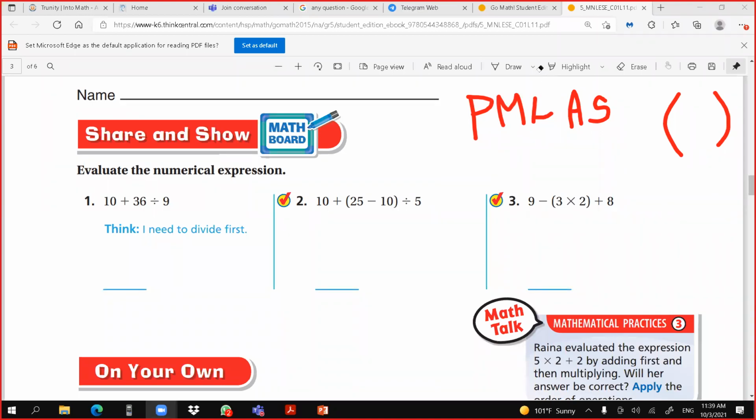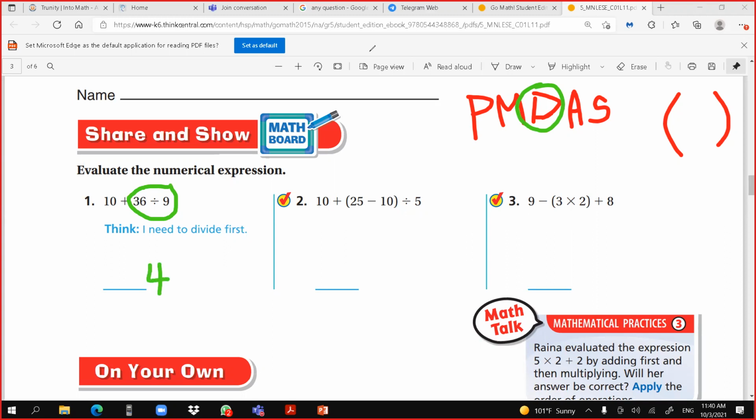Is there any division now? Yes, where's the division here? So 36 divided by 9. Because the division has a higher priority than the addition, you will start now with the division. 36 divided by 9 is 4.